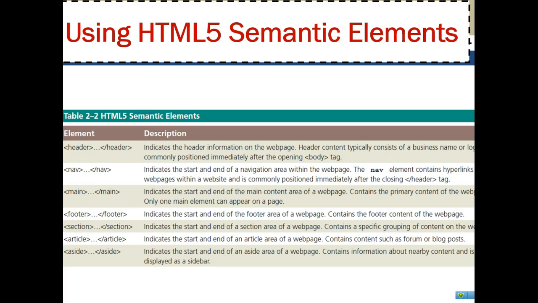Such as when we use the footer element, we can display the content at the bottom of our web page. When you use the header, it indicates the header information on the web page. Header content typically consists of a business name or logo, and so on.